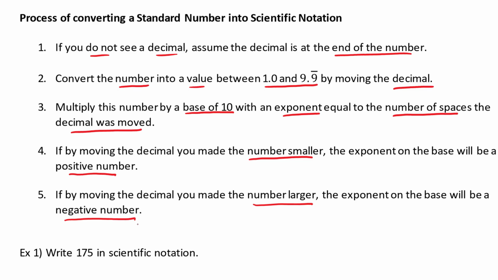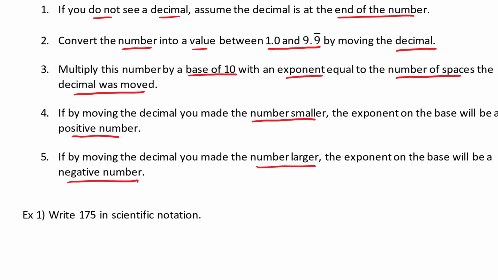Let's now look at an example. This example says write 175 in scientific notation. So let's follow the steps. Step number 1. Find the decimal. There is no decimal, so we assume it's at the end of the number. Step number 2. Convert this number so it's 1 or greater, but less than 10. So I have to move the decimal place over 2 decimal places.